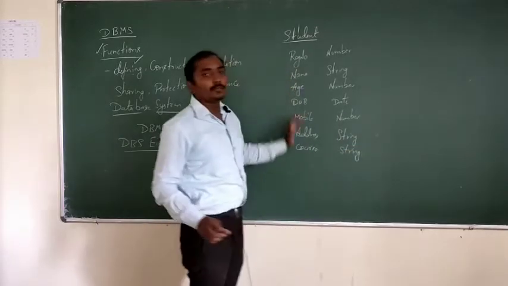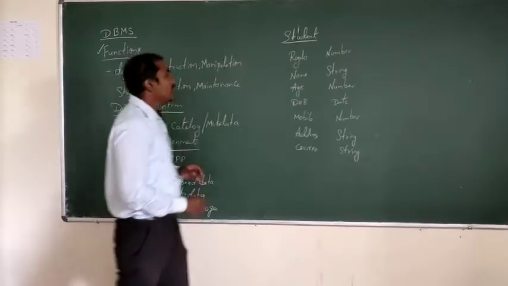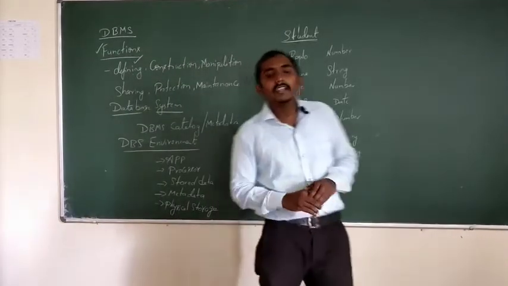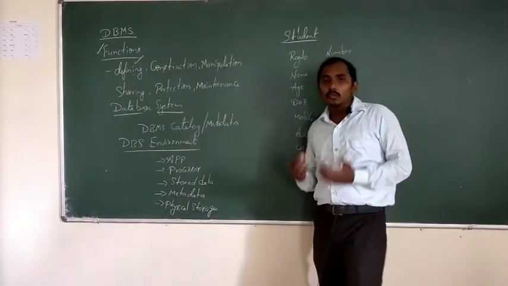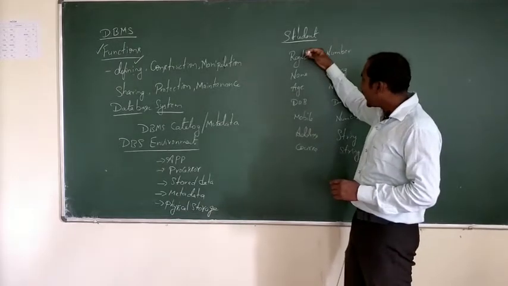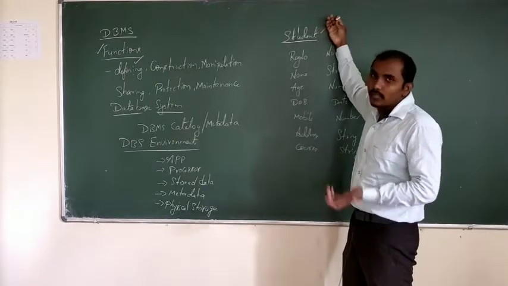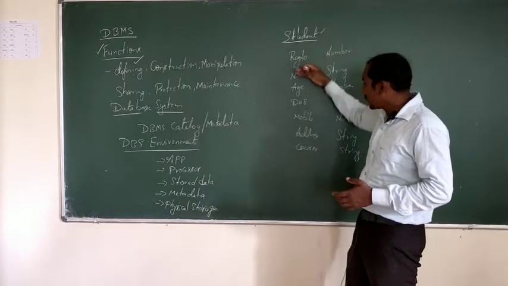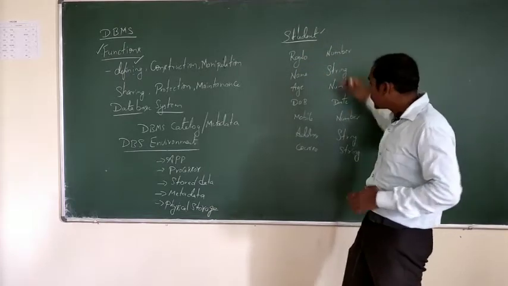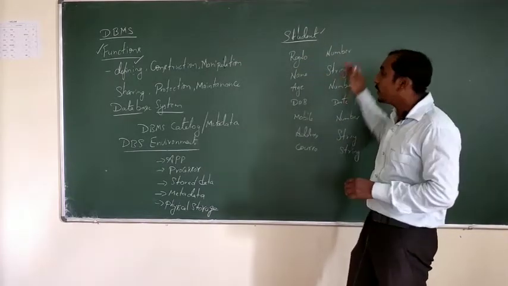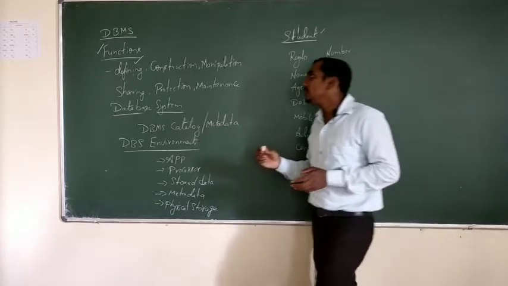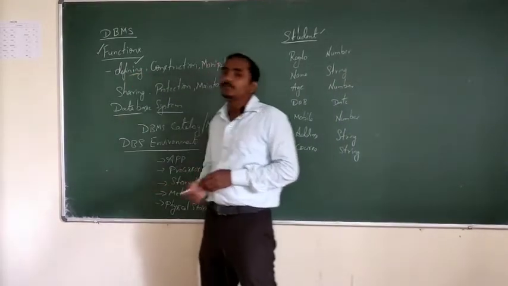Now this process is nothing but defining. So the function is that the database should allow the user to create an entity or an object with its properties and its types, or what kind of value it is going to store. That is nothing but defining.